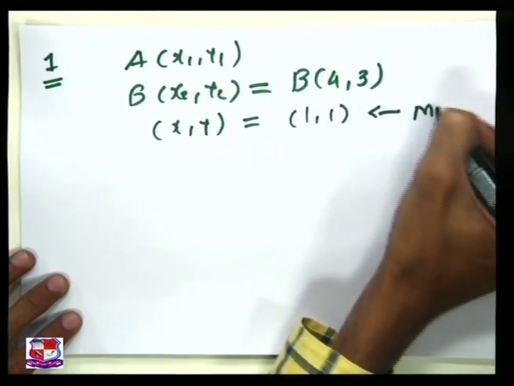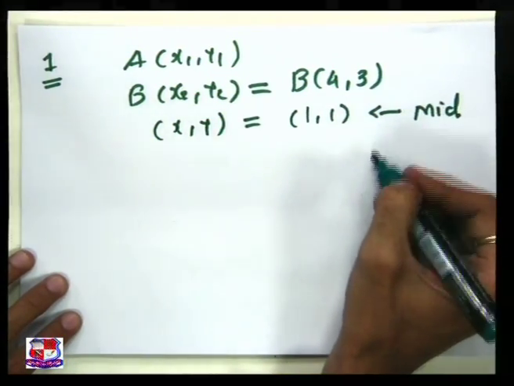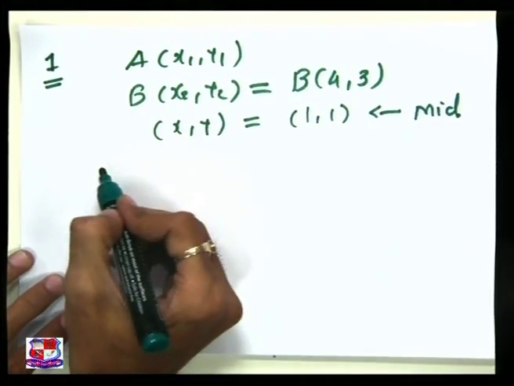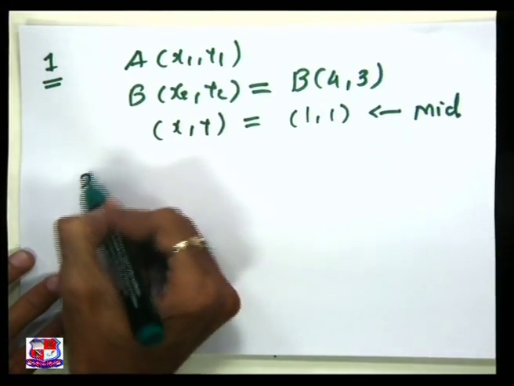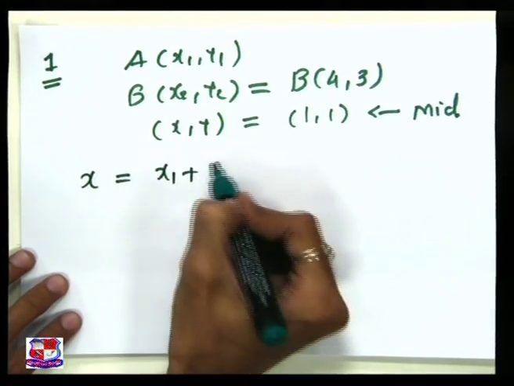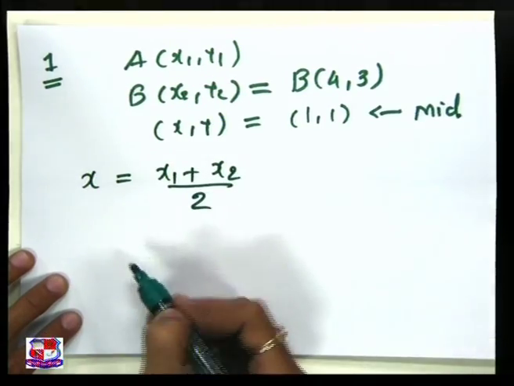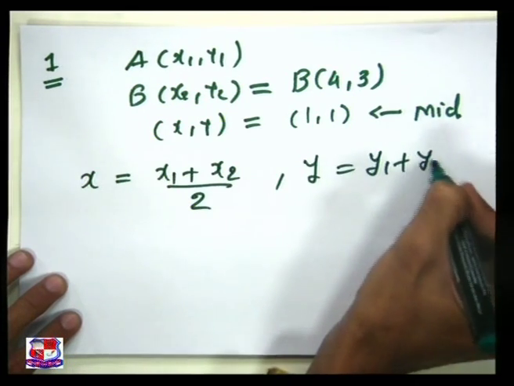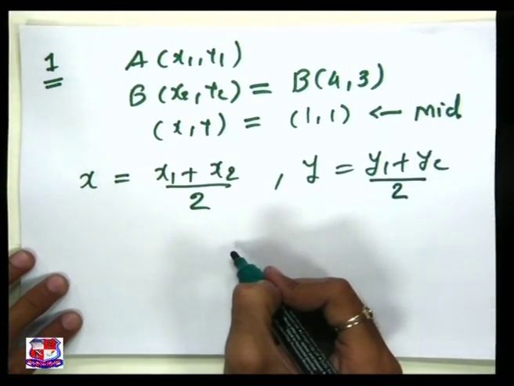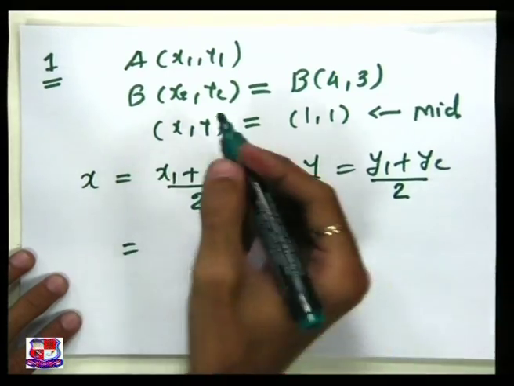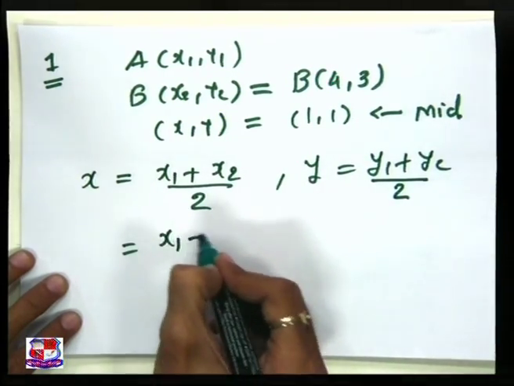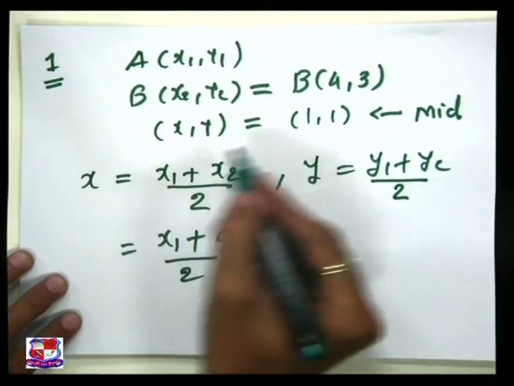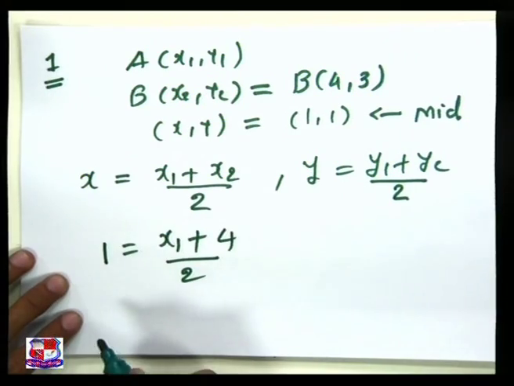We need to find the coordinates of A. The midpoint is given by x equal to (x1 plus x2) divided by 2, and y equal to (y1 plus y2) divided by 2.